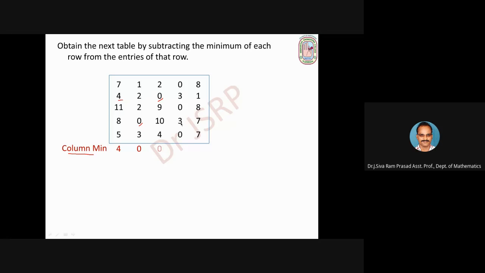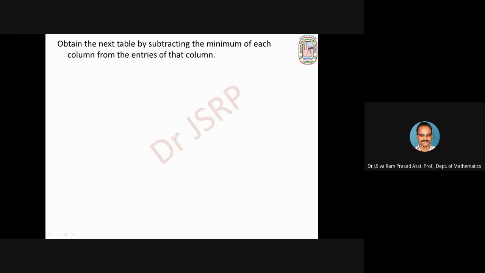Third column minima 0. Fourth column minima 0. Fifth column minima 1. So these are column minimas. Now subtract these column minimas from the entries of that column. Obtain the next matrix or table by subtracting the minimum of each column from the entries of that column.